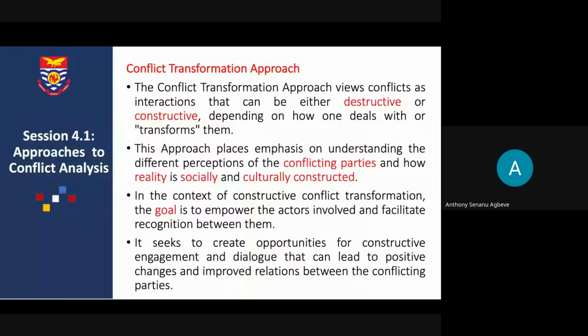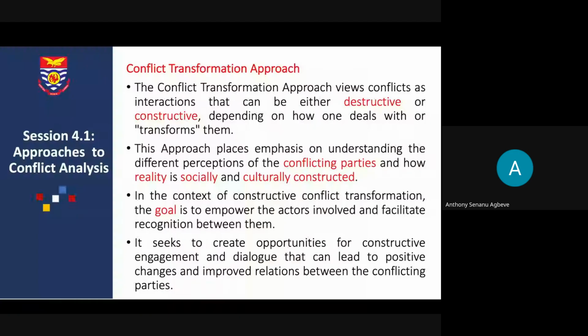So why not put up a school or a clinic on this land so that both sides can have access to it and all benefit from it? So you've transformed the situation from something they were all fighting over to something that is benefiting all of them, right? Basically, that's how the conflict transformative approach is used to analyze the conflict.